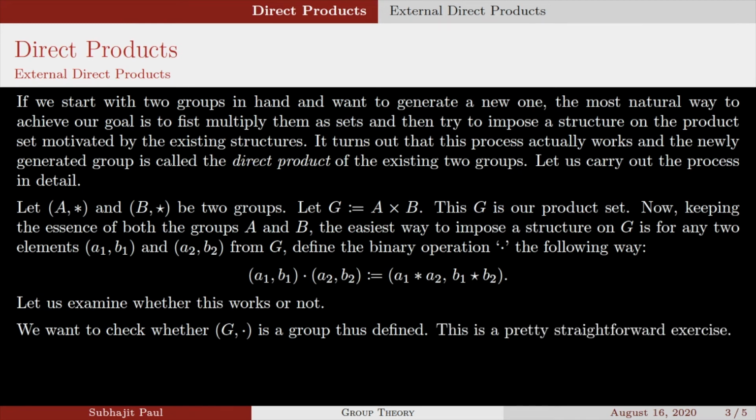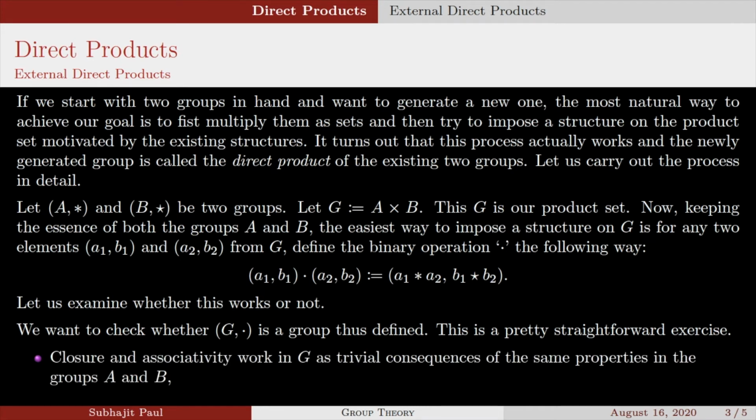This is a pretty straightforward exercise actually. Closure and associativity work in G as trivial consequences of the same properties in the groups A and B. I want you to check these. Closure of this operation in G: (A1, B1) dot (A2, B2) will be (A1 asterisk A2, B1 star B2).